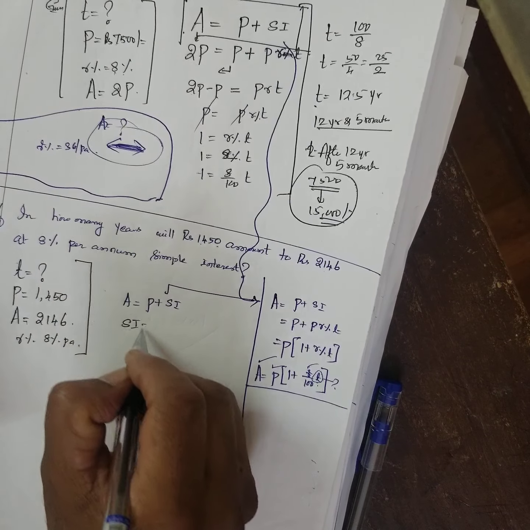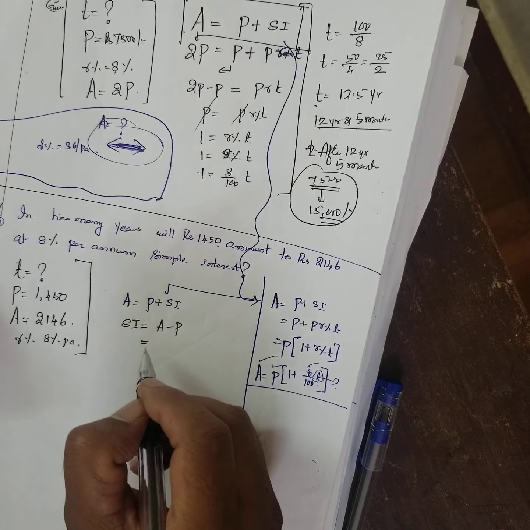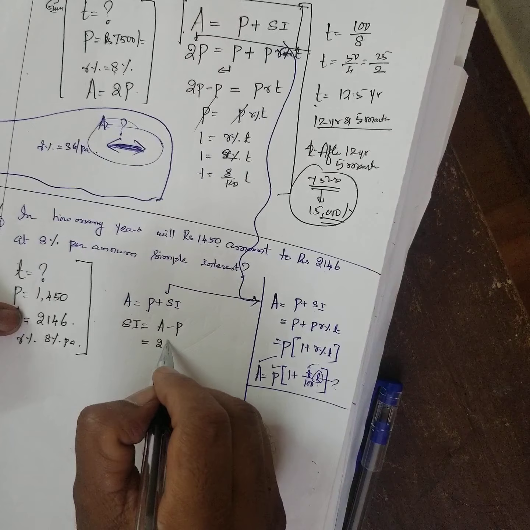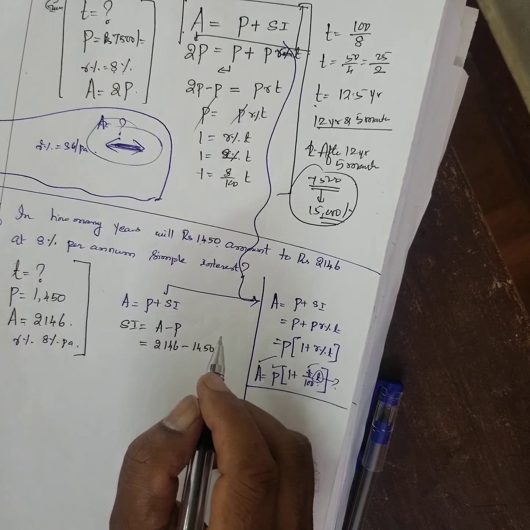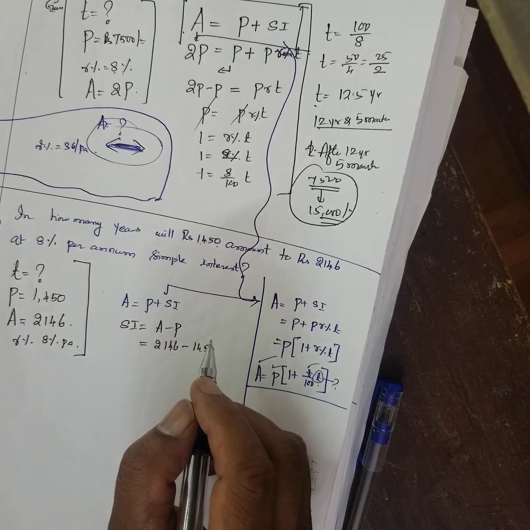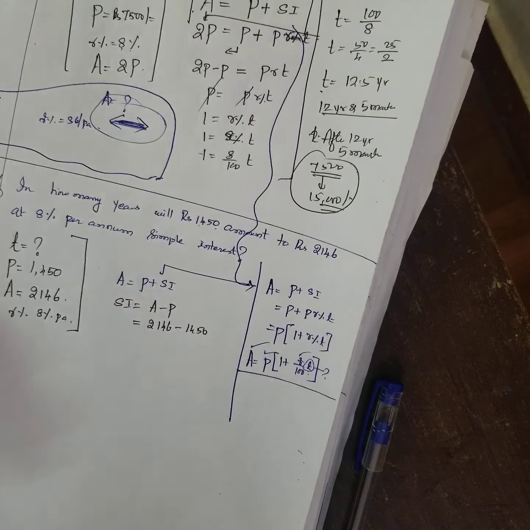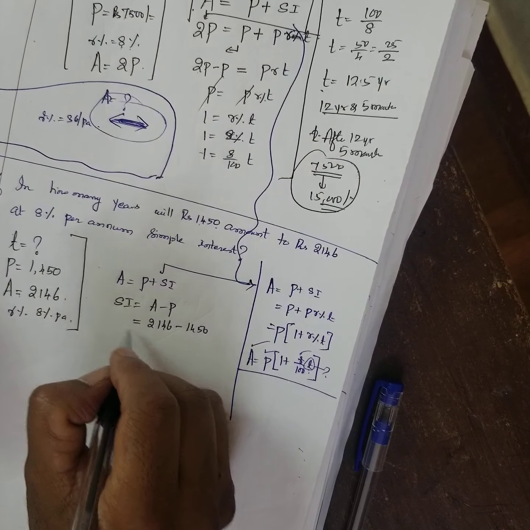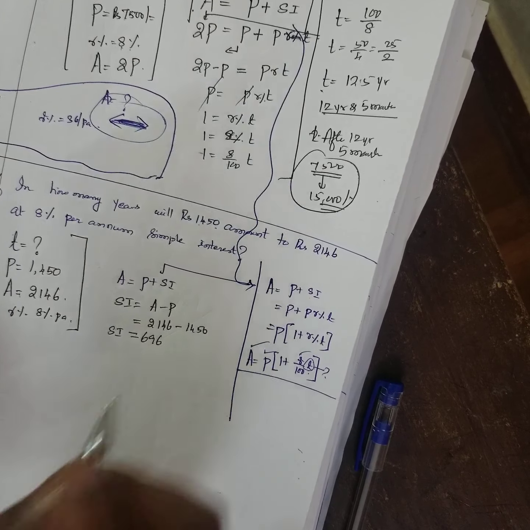So simple interest is equal to amount minus principal. What is the amount? 2146 minus 1450. You understood? Now, if you subtract, what will you get? 696. Simple interest.